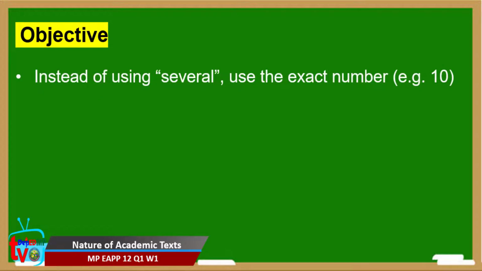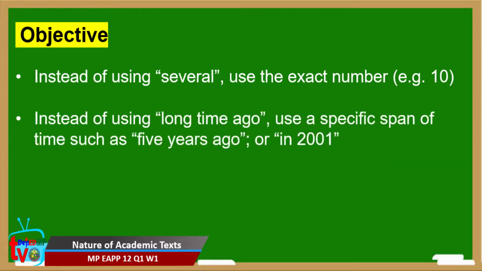For your writing to be objective, instead of using the word several, use the exact number. Example, 10, 5, 2, and so on and so forth. Instead of using long time ago, use a specific span of time, such as 5 years ago or in 2001.